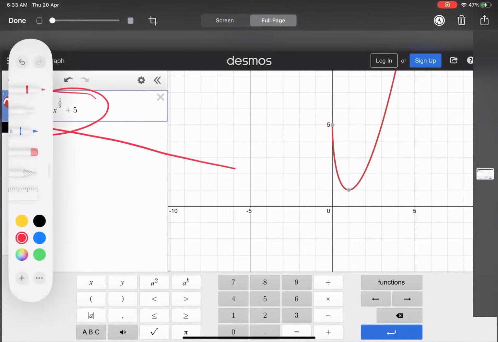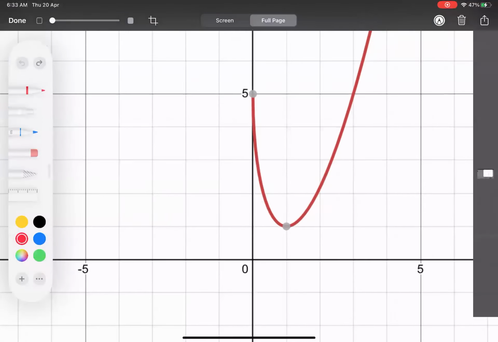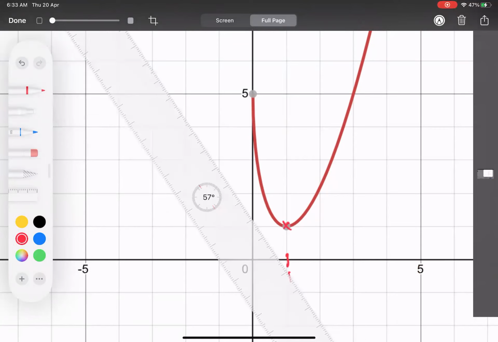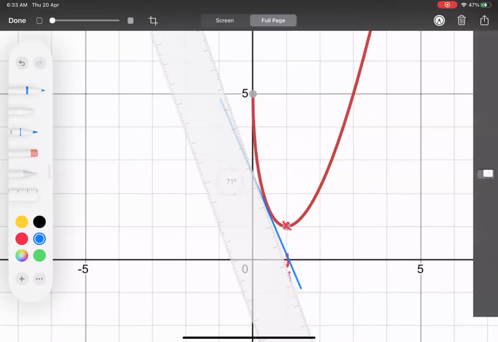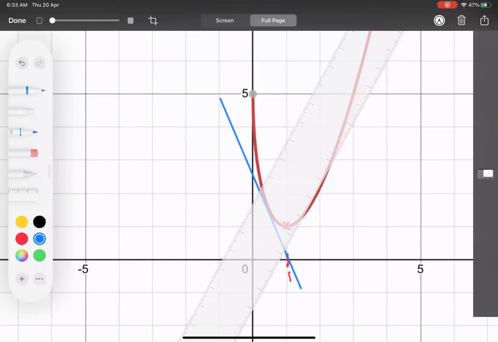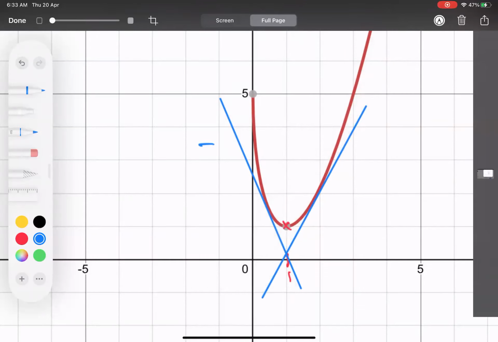Very clear idea. And I'm showing you this is 1, 2, 3, 4, 5. So at 1, before 1, if I take a scale and draw here, and I get what, students? I get this kind of gradient. And after 1, I draw here, I get this. So it is very clear, this is a negative gradient, and after the point it is increasing, positive.